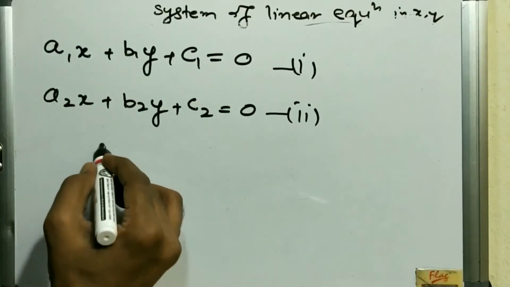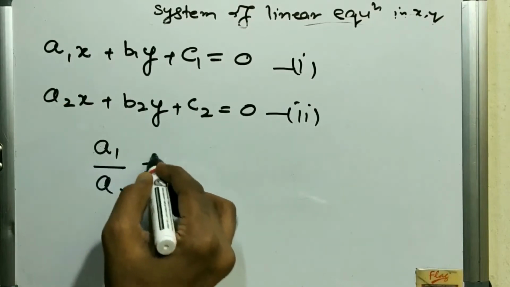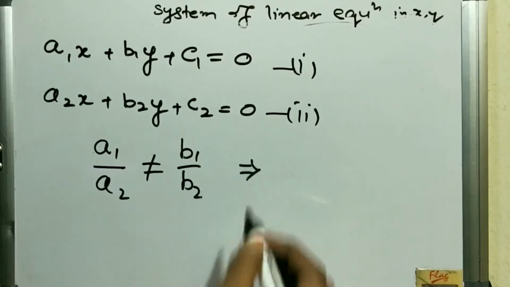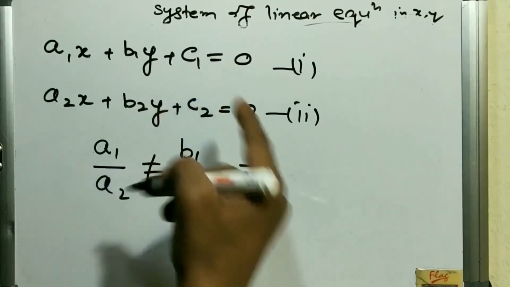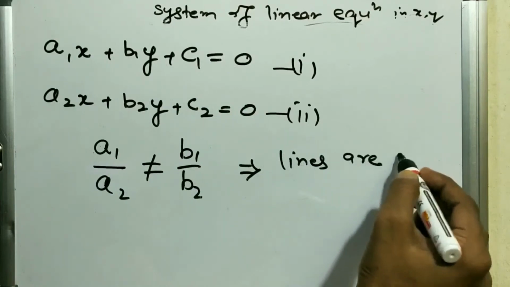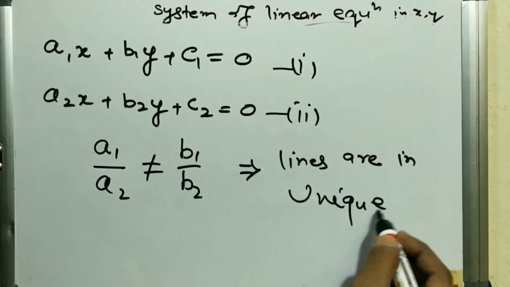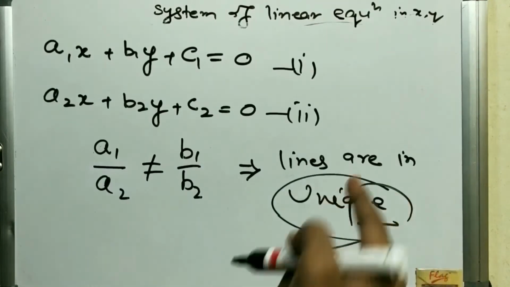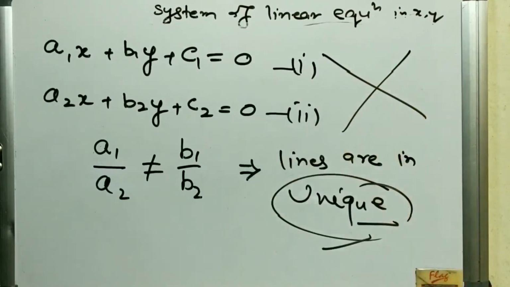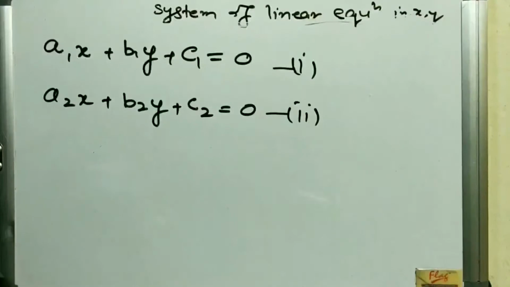For example, if a1 by a2 is not equal to b1 by b2, we can say that the lines are intersecting in nature and they have a unique solution. As they intersect at a single point, the solution is unique.